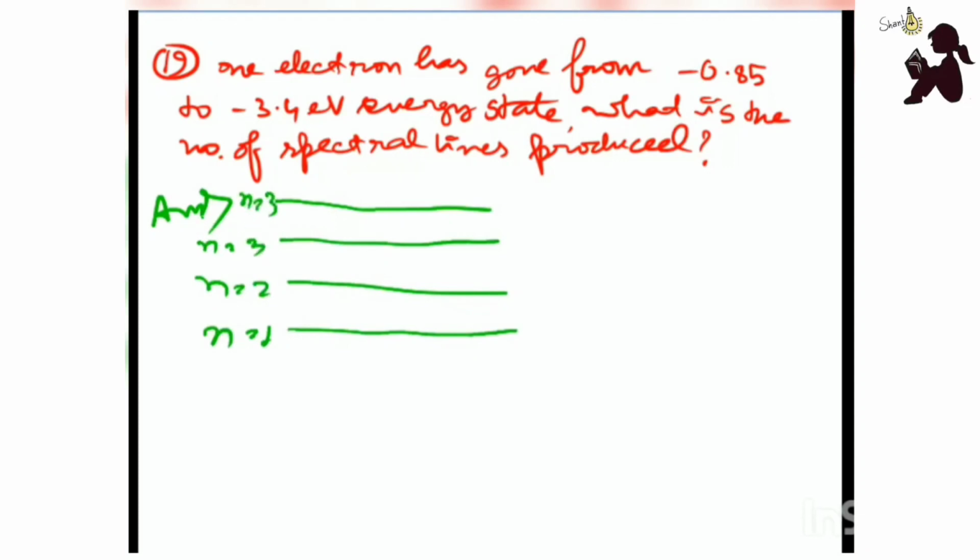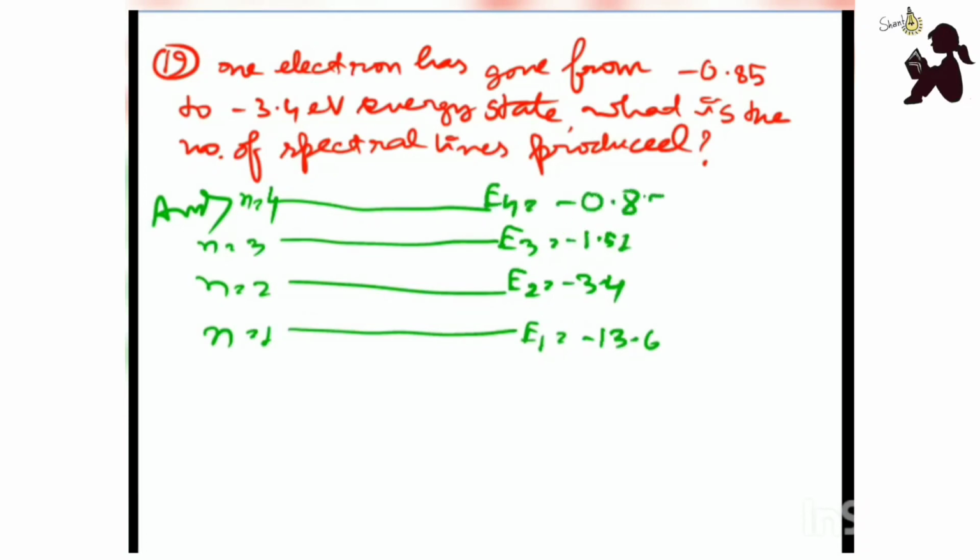So here what we are doing is writing the energy states of this: n equal to 1, n equal to 2, n equal to 3, n equal to 4. For the first, we have energy minus 13.6 electron volt, then E2 equal to minus 3.4, then E3 equal to minus 1.51, and E4 equal to minus 0.85.